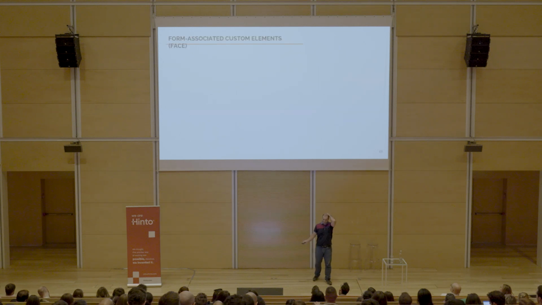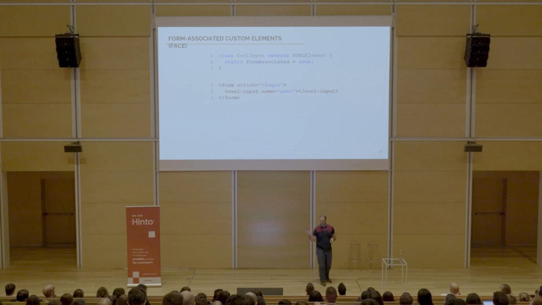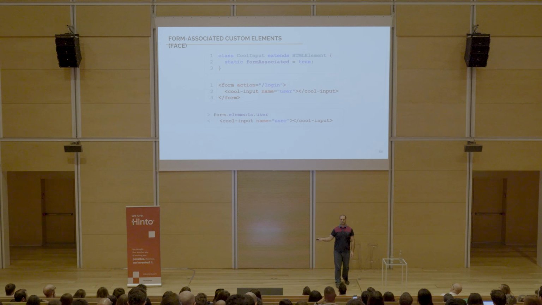Let me introduce you to the form-associated custom element. We just put a static property formAssociated in the class. And just like that, we give a name to our element, and the element is already part of the form. The only problem is its value is still null.